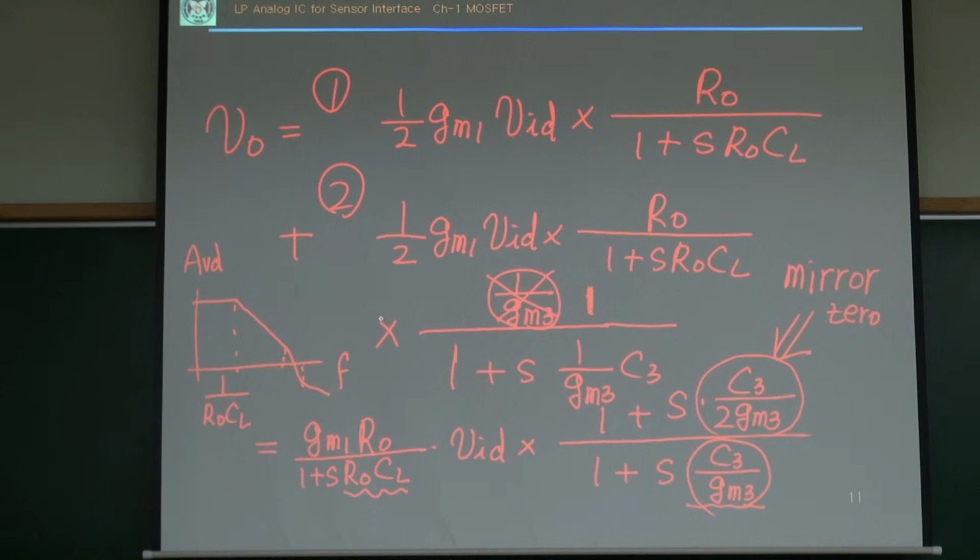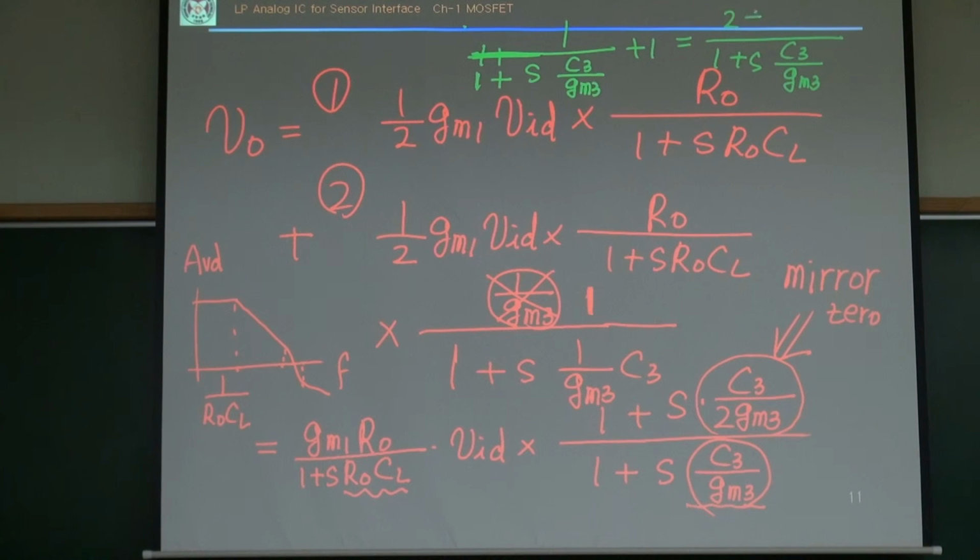Let me see. I added this thing here. Just 1 over S C3 GM3. Oh, sorry. 1 plus, what's this? 1 plus S C3 GM3.